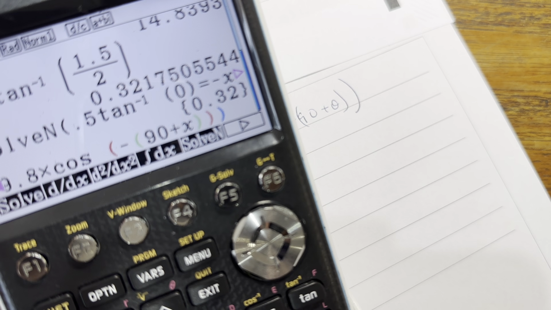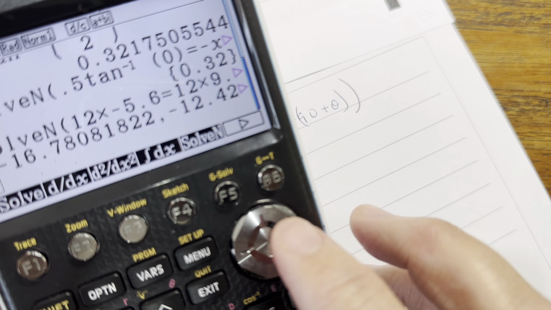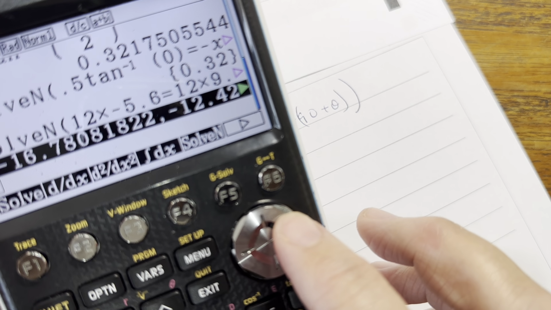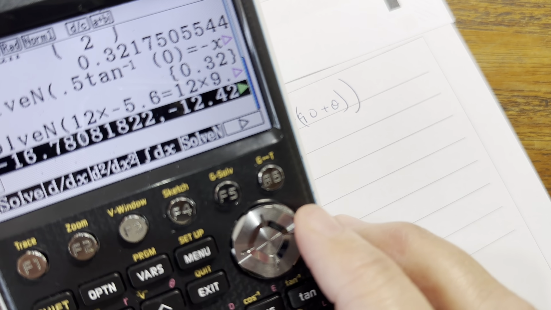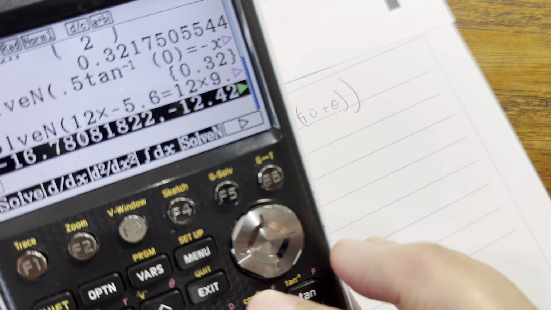And we've got it all in there. Execute. Exit. Now, because we're looking for an angle, oh, I'm in radians. I wanted this in degrees, didn't I?